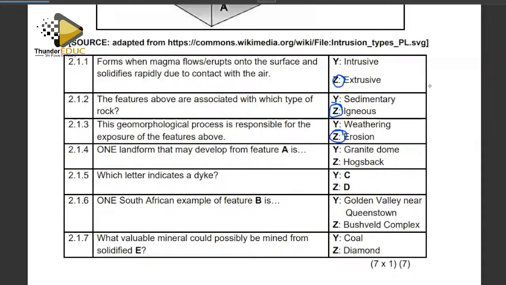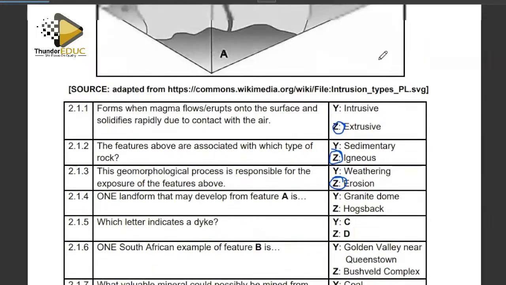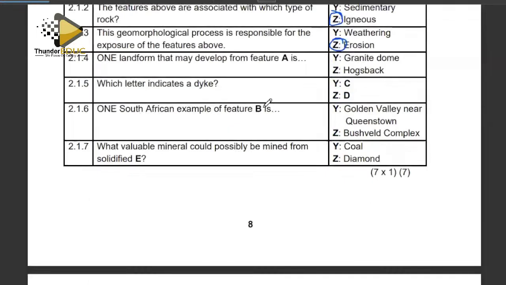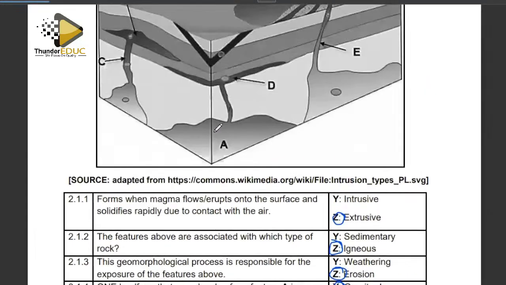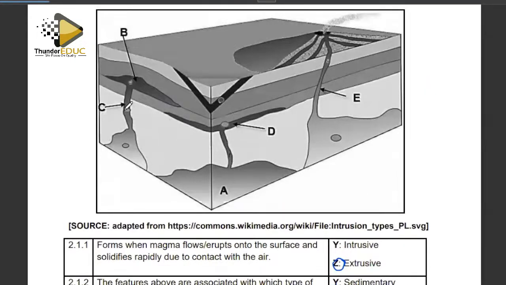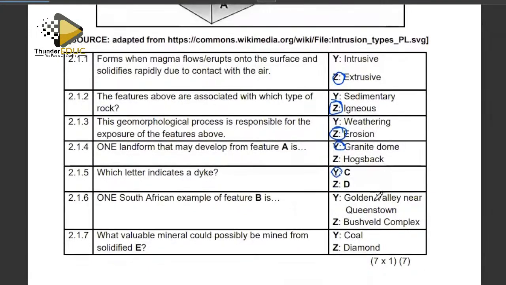One landform that may develop from feature A. From feature A, you can see feature A there. From the batholith, we can have a granite dome, which later is a dike. A dike, you know, it cuts through the rock layers. So it's C. If you check there, our C is cutting through the rock layers.